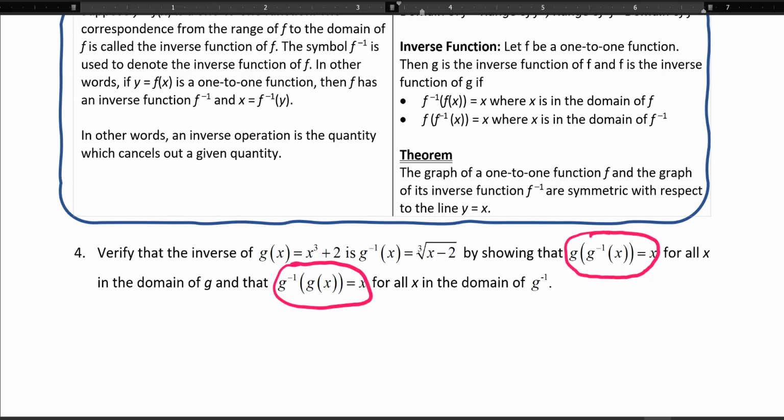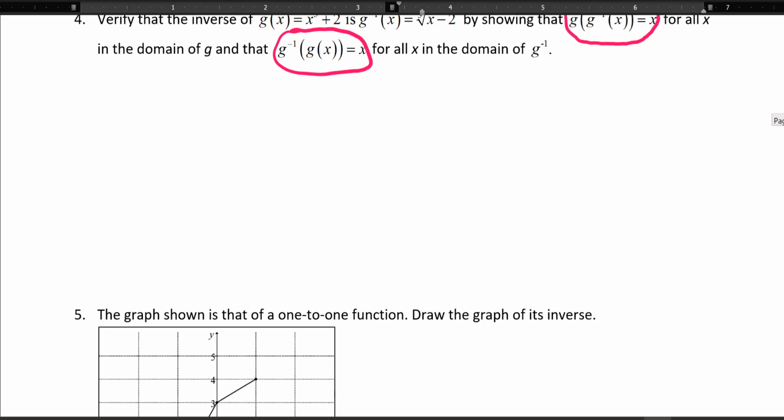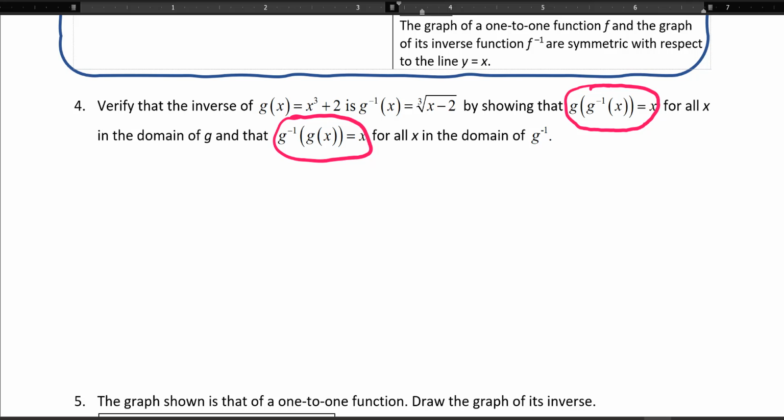Let's work this out to determine if g of x equals x cubed plus 2 has the inverse g inverse of x equal to the cube root of x minus 2. So we're going to compose those functions. Let's look at g of g inverse of x.